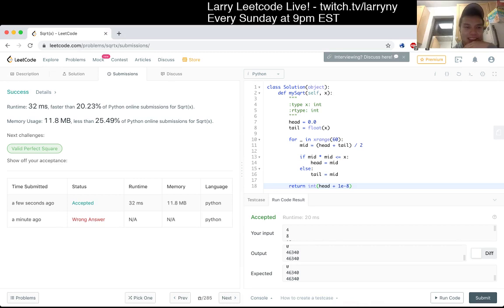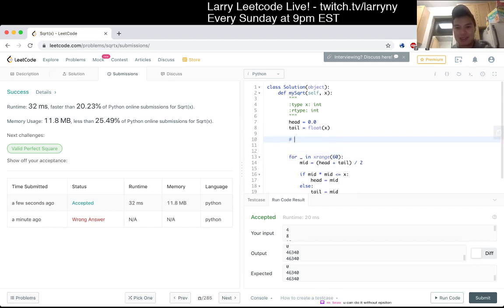How do I feel about it? I don't really feel that well about it. Maybe I should have kept it in int. Yeah, I mean, then I could do that trick. One trick that I usually use, which is very surprising that I didn't do it here, is that I do something like, though I don't know how you would explain it in an interview, while head plus 10 is less than tail or something like that.